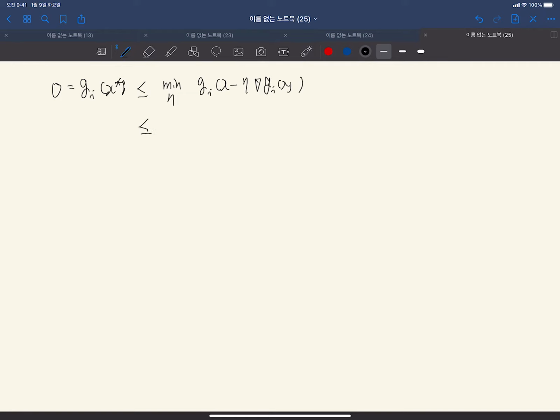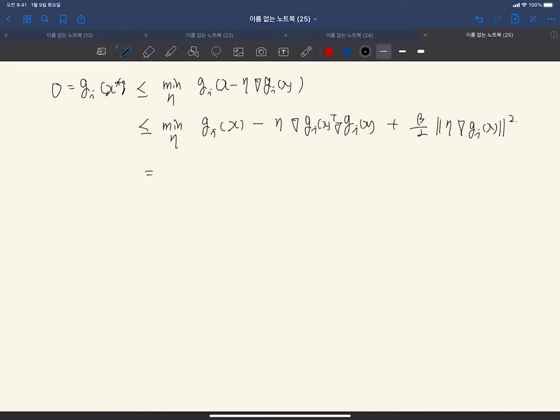From beta smoothness, the g_i function is upper bounded by g_i(x) minus eta gradient of g_i(x) transpose gradient of g_i(x) plus beta over 2 times eta squared times the norm squared of the gradient of g_i(x).